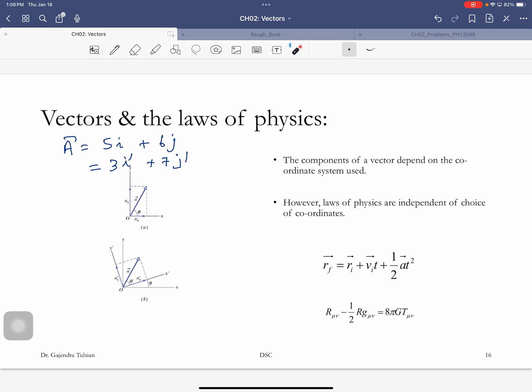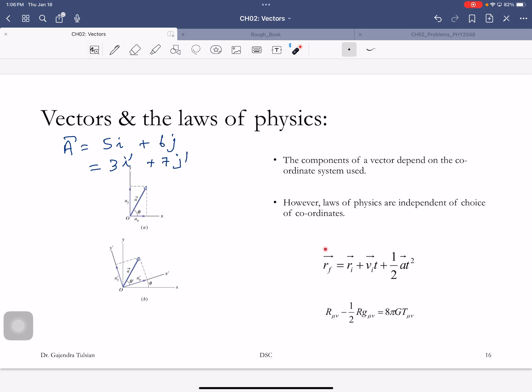A law of physics will say this vector is equal to that vector. And if you write this vector in Spanish, you'd better write that vector in Spanish too. And that will be true. So if you write this vector using one coordinate system, you write that vector in the same coordinate system.